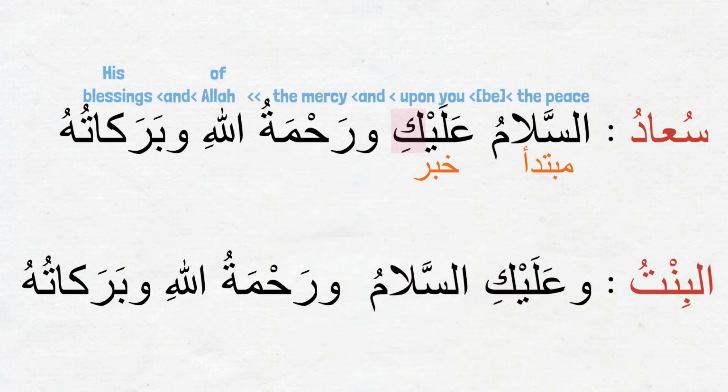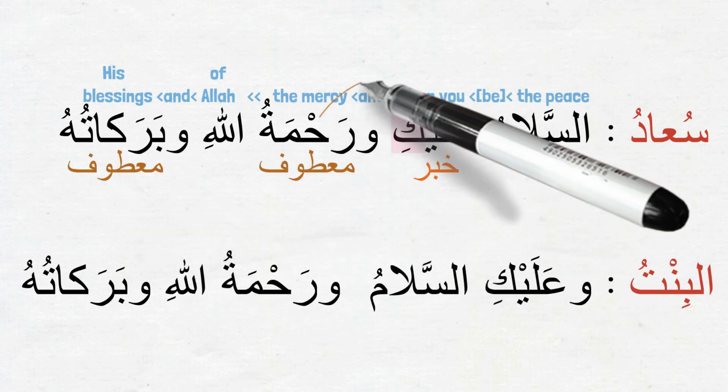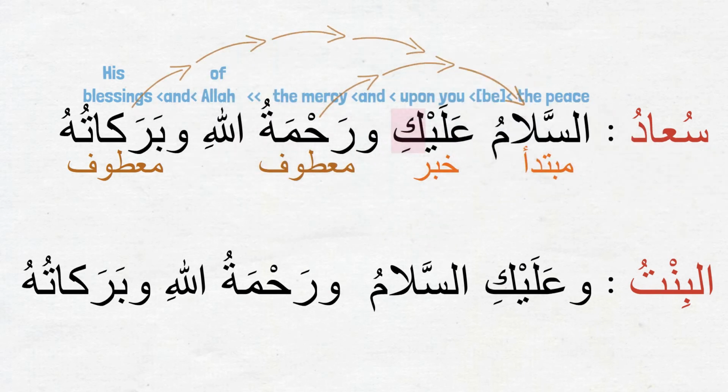Rahmatullahi is the idafa of rahmatu and Allahi, and it means the mercy of Allah. And barakatuhu is also idafa of barakatu and ضمير hu, which is referring to Allahi. So barakatuhu is used instead of barakatullahi. Both rahmatu and barakatu are ma'tuf to the marfu' ism as-salamu. That is why they are also marfu'.